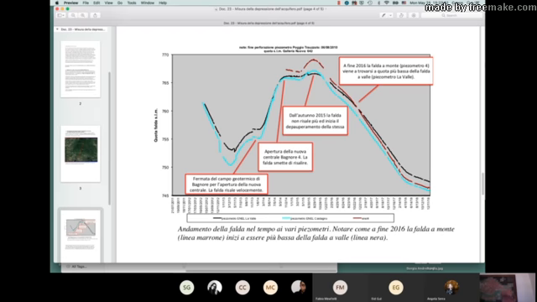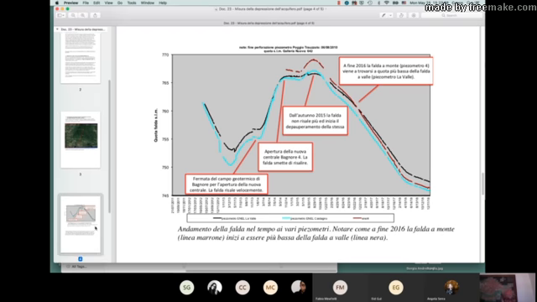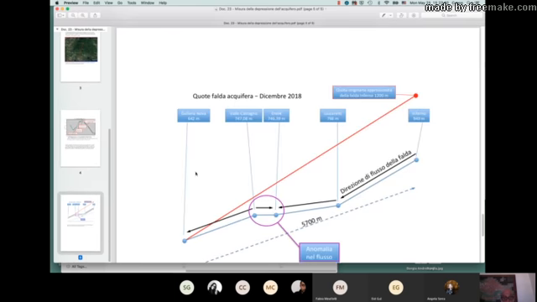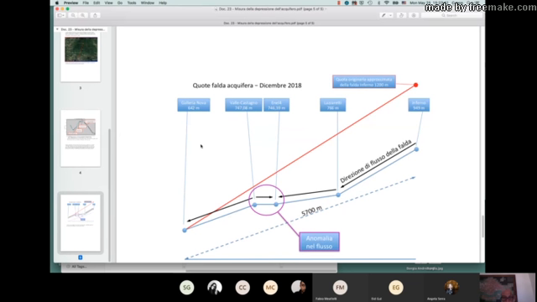In practice, I show this picture, please tell me when you see it. So in blue you see the level of the water table measured by a piezometer in December of 2018.